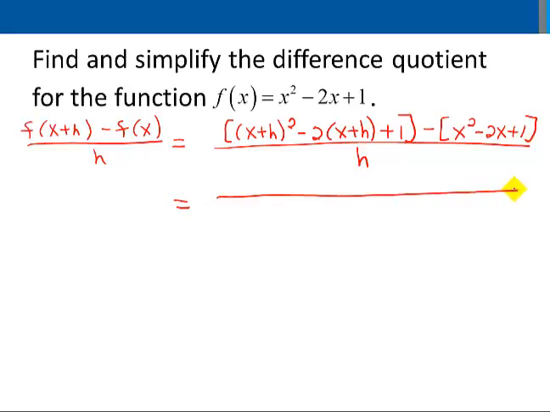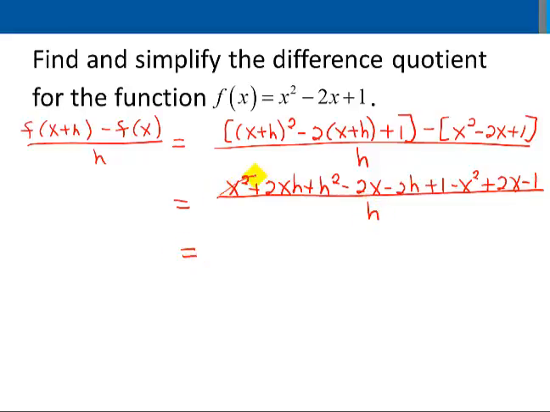X plus h squared would be x squared plus 2xh plus h squared, then minus 2x minus 2h plus 1 minus x squared plus 2x minus 1 in the numerator with the denominator of h. Let's see how we can simplify here.